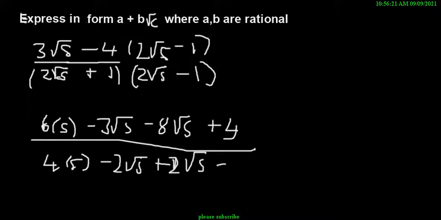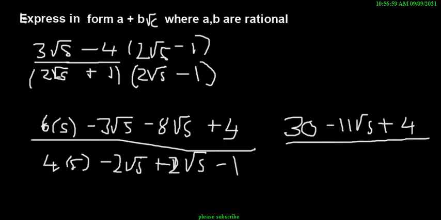1 times negative 1 is negative 1. You can see this cancels out. So we have 6 times 5, 30. We can see that the root of 5 terms are the same, so we can say negative 3 minus 8, that's going to be negative 11 root of 5, and this is plus 4.